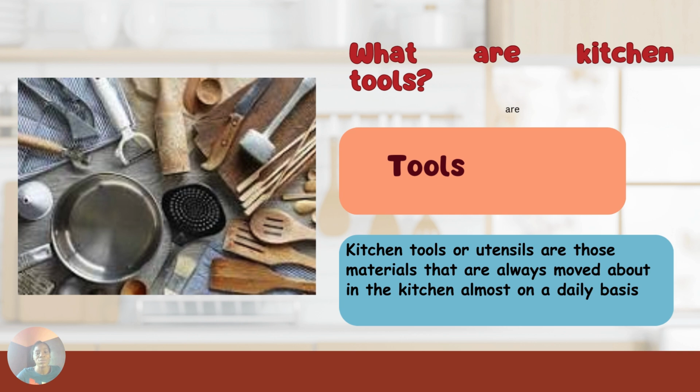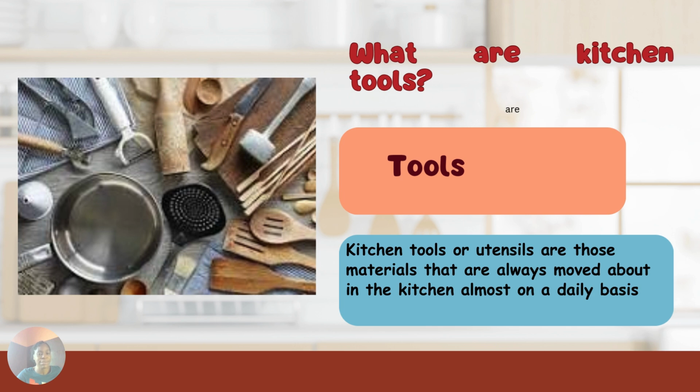Now, what are tools? You can see from the background pictures, we have some kitchen tools there. Kitchen tools are utensils, or those materials that are always moved about in the kitchen almost on a daily basis.